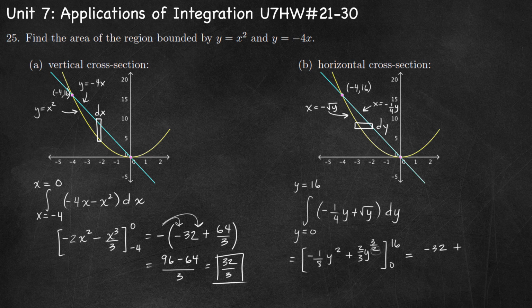The 2 in the denominator here means take the square root of the 16, which gives me 4, and then cube it, which gives me 64, and then multiply it by 2, which gives me 128, and then divide it by 3. Okay, and then a common denominator of 3 would be -96 plus 128, and that is going to be 32 over 3, which does match what we got when we set it up the other way.